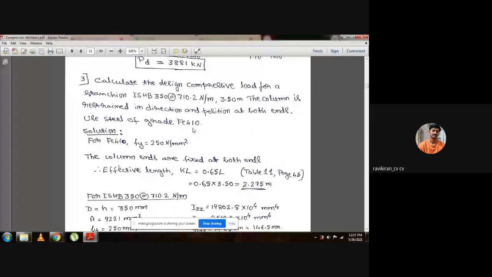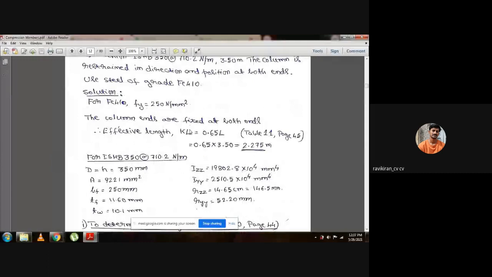So what we have made initially, based on the fixed condition, the column ends are fixed. So for that, effective length value we have considered 0.65L, which is given in table 11 of page 45 IS 800. So the effective length of column we got is 2.275 meter.